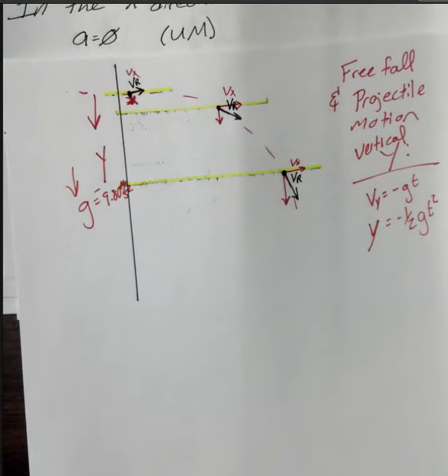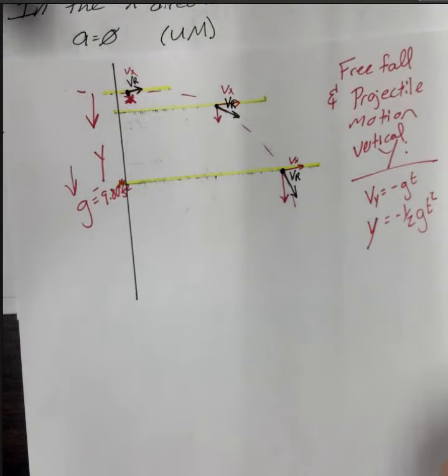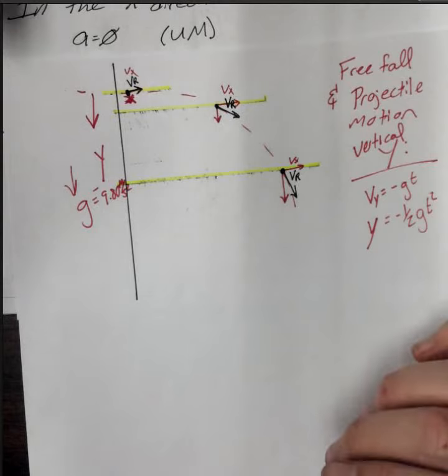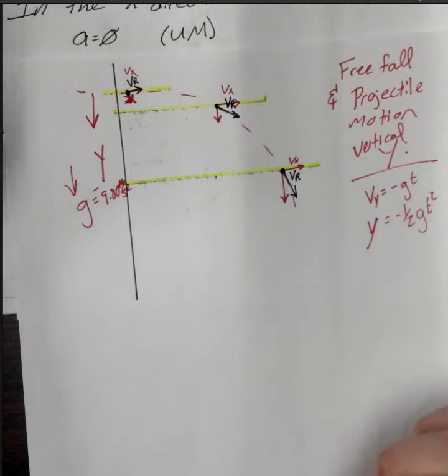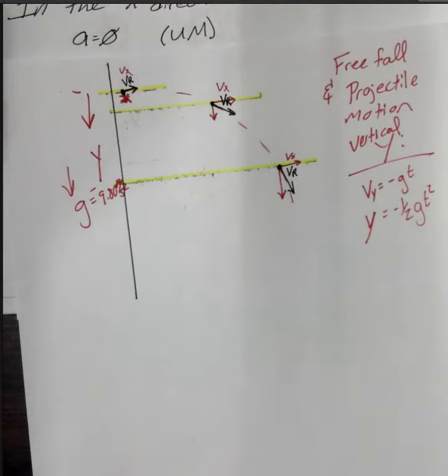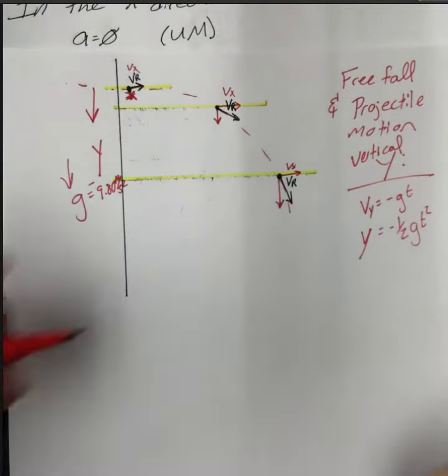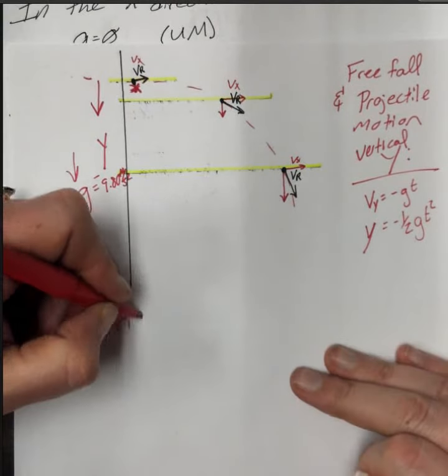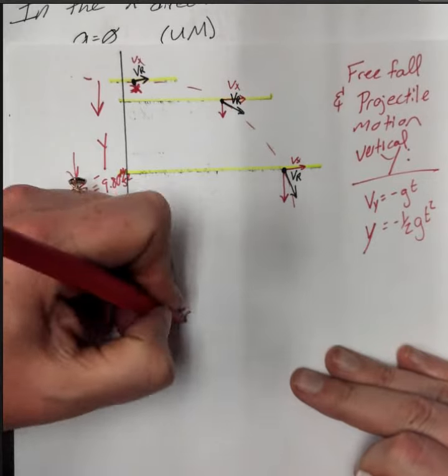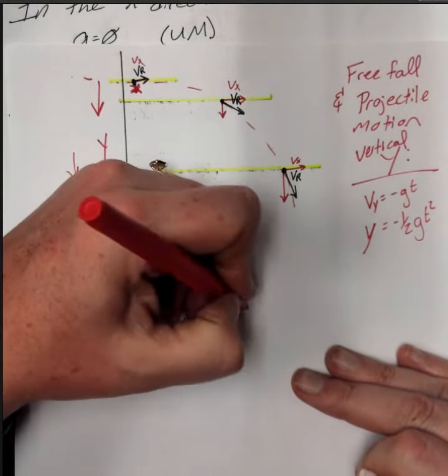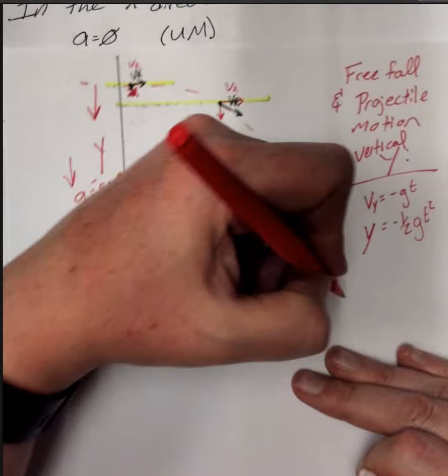Gravity is a downward acceleration. As long as there's nothing causing the object to speed up or slow down, acceleration is going to be 0 in the x direction, which means we have uniform motion. So horizontally, acceleration equals 0, and we have uniform motion.